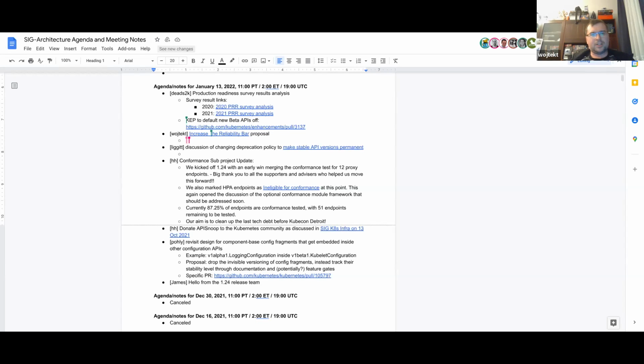Basically, the proposal is to ensure that, in a more policy-based way, people will not be completely ignoring the reliability-related issues.